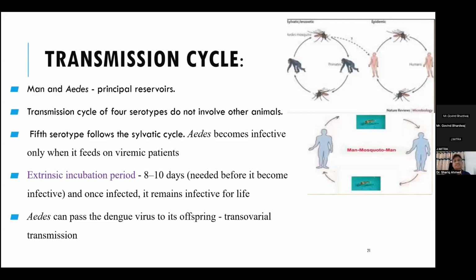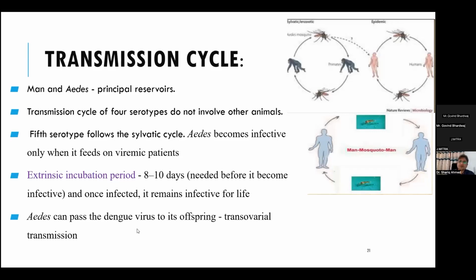That is known as the extrinsic incubation period. When the virus matures in the mosquito, after 8 to 10 days, when the mosquito bites another person, it sends the virus into the blood of that next person, and the person gets infected. This is known as the human-mosquito cycle.